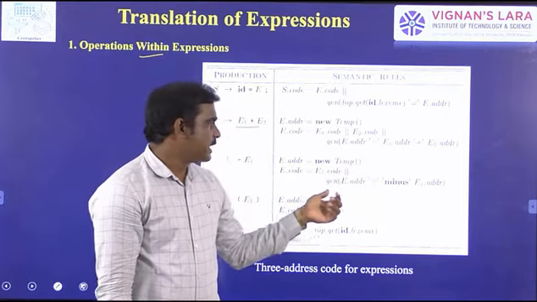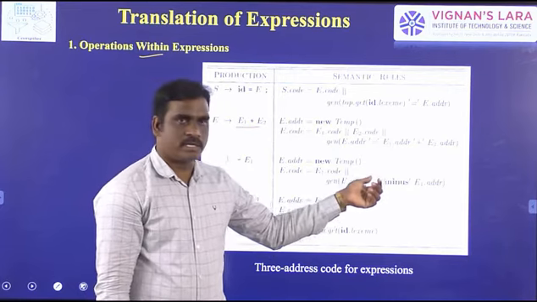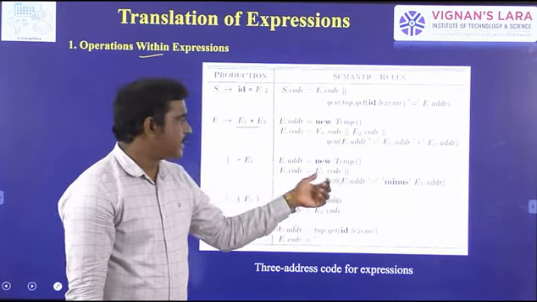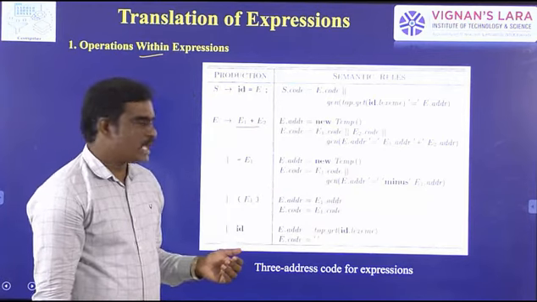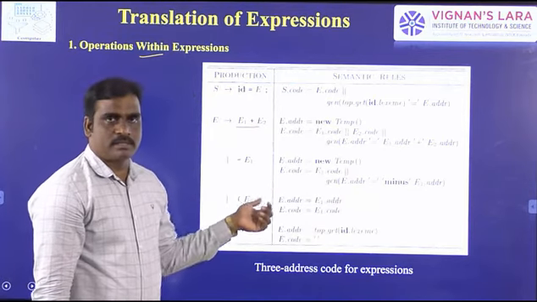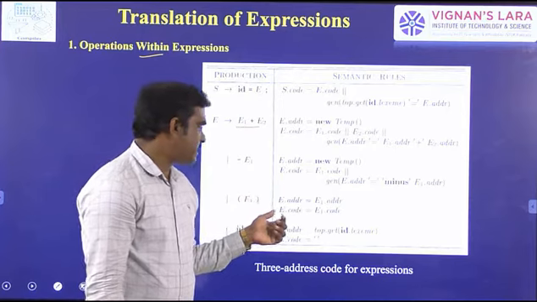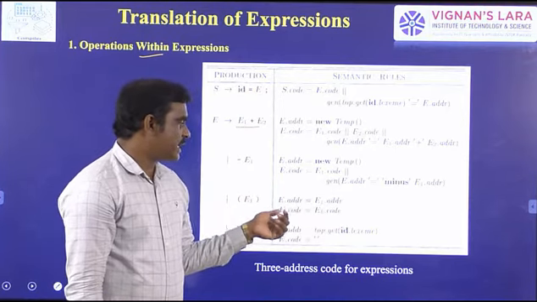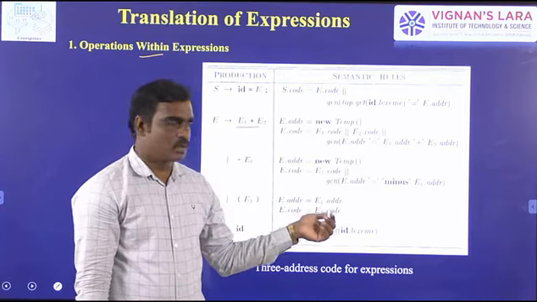Here also generate E.address = minus of E1.address, or E1.code. Next one is parenthesis E1. In this case E.address = E1.address, and E.code = E1.code.